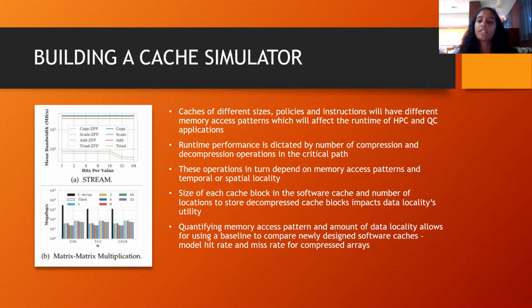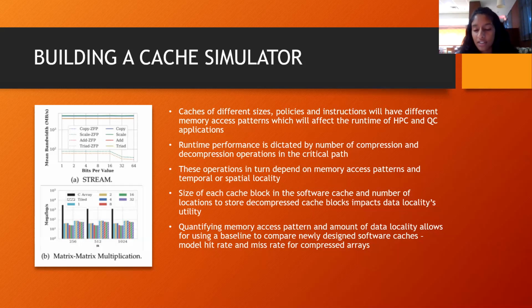Now, all these high performance computing and quantum circuit applications require compressed arrays. And these compressed arrays are always stored in caches so that they can be accessed quickly. It becomes important to understand how these caches will affect the runtime of a high performance computing or quantum computing application.